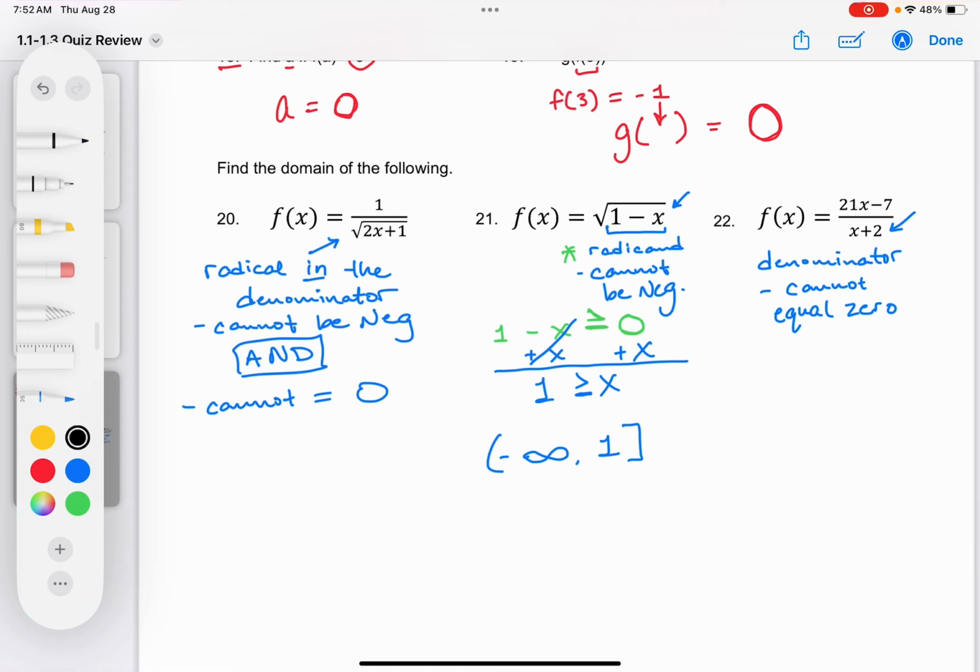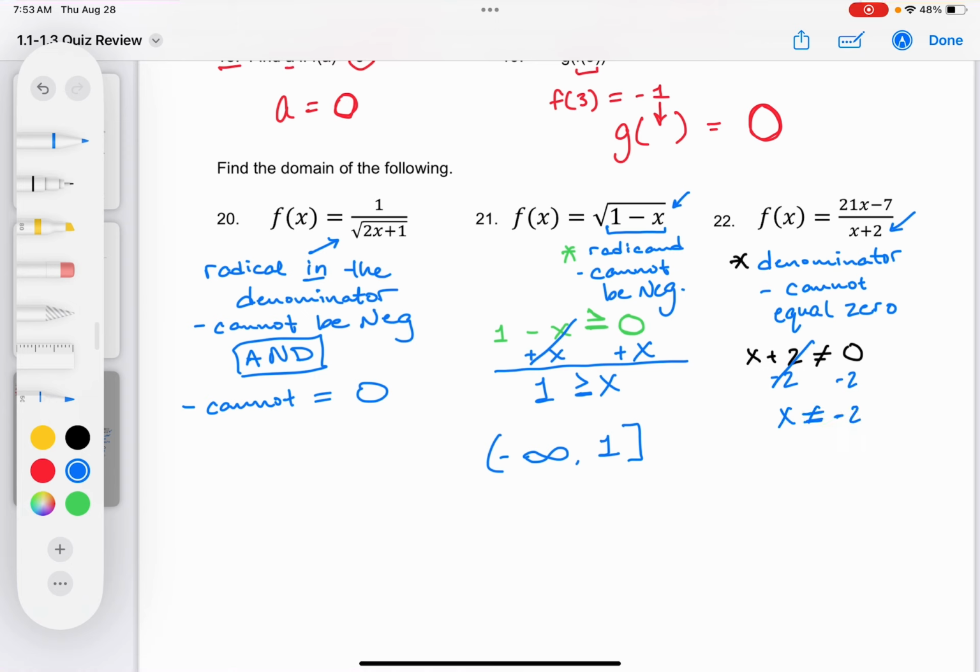For 22, again, you want to write out what this says. So I'm literally saying x plus 2 cannot equal 0. And then you would solve this just like any equation or inequality, you would move over the 2. And so you're saying x cannot equal negative 2.